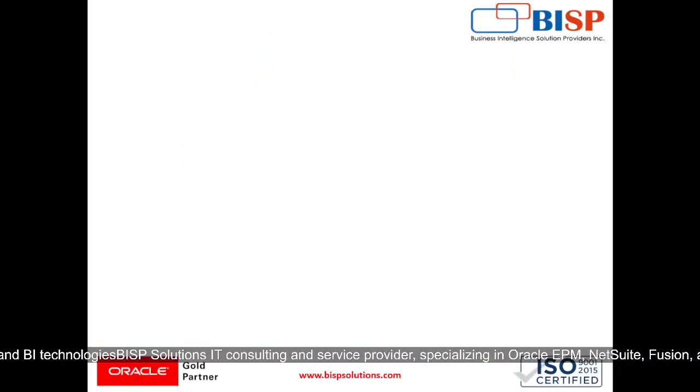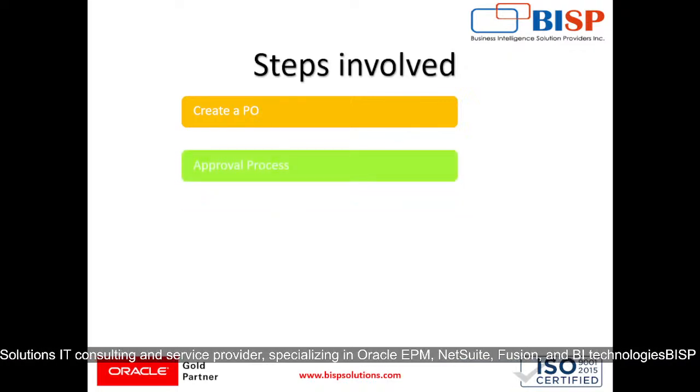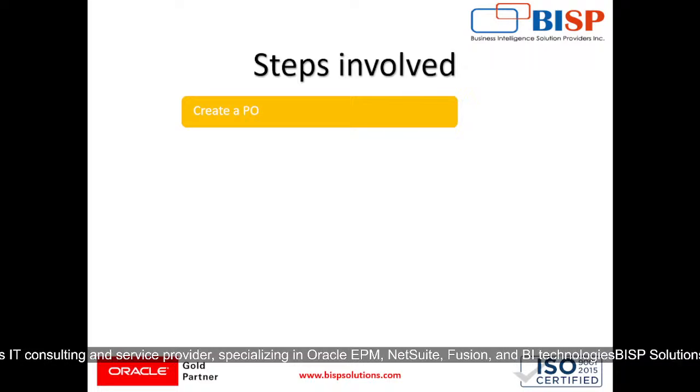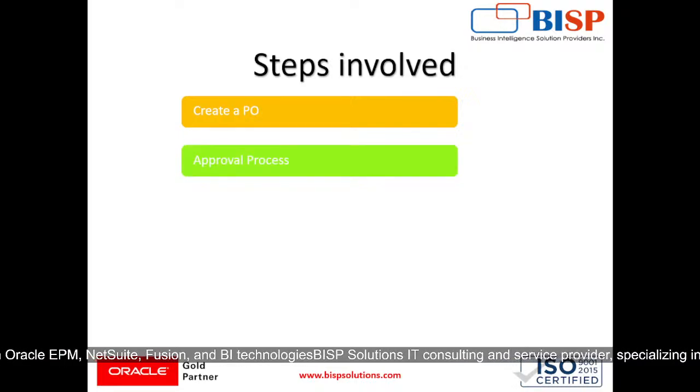For creating a purchase order, the steps involved are, first we have to create a purchase order, which consists of getting vendor details, item quantity, price and expected delivery date mentioned over there. Then the approval process, which is based on company policies, approvals may be required.